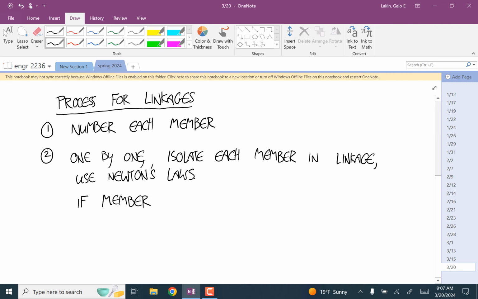If the member has a fixed point, then you're not going to use Newton's second law. That's what we've been doing with rigid bodies. So how many useful equations do you get? Yeah, perfect.